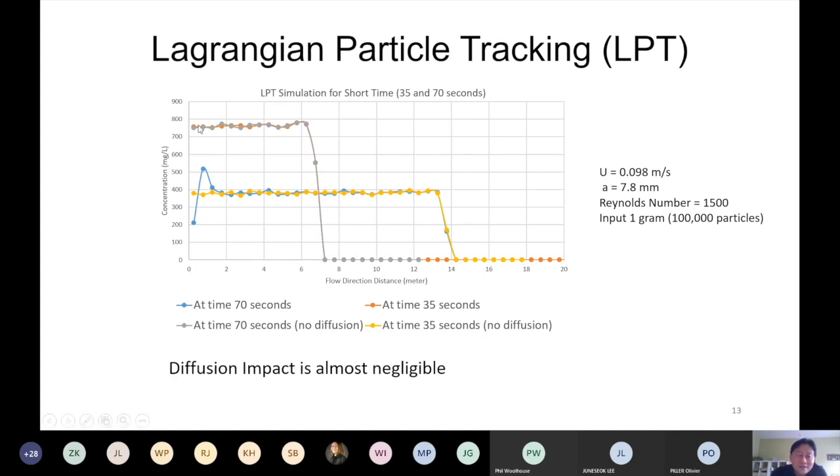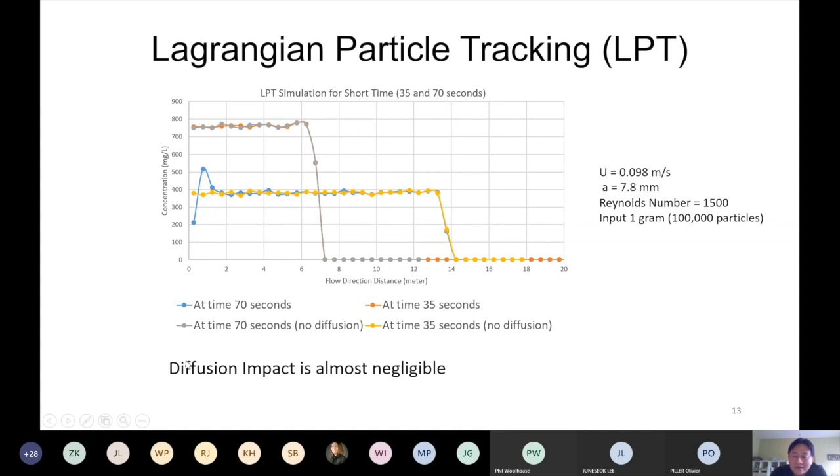And we can see the results with and without molecular diffusion are very close, actually, especially for this 35 seconds and travel distance of 7 meters case. It's almost the same. But for this 70 seconds case, we see a little bump here. I'm pretty sure this is caused by molecular diffusivity. Why exactly, I'm not sure. I haven't looked really into the mechanism of it.